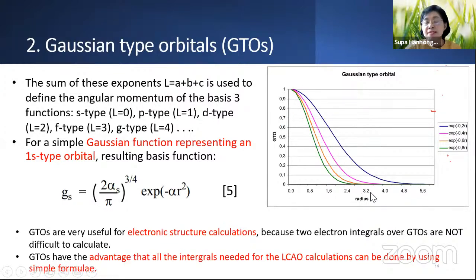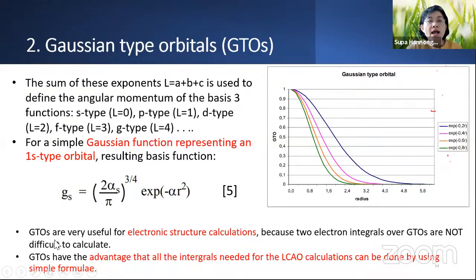And the most important is that, in order to solve the function r squared exponential minus r squared, this is easier than the STO. This is the advancement of GTO type basis functions.